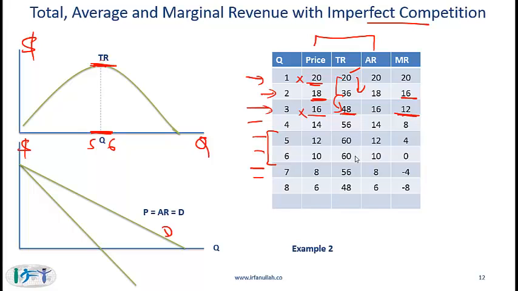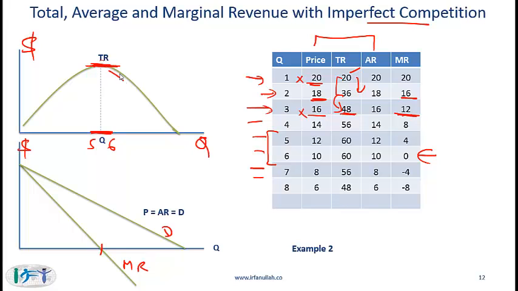And notice that when this happens, the marginal revenue is 0 because as we are going from 5 to 6, the additional revenue is 0. That's why the marginal revenue curve is at 0. In other words, it intersects the x-axis where total revenue is at a maximum. At this point, the total revenue is not changing.